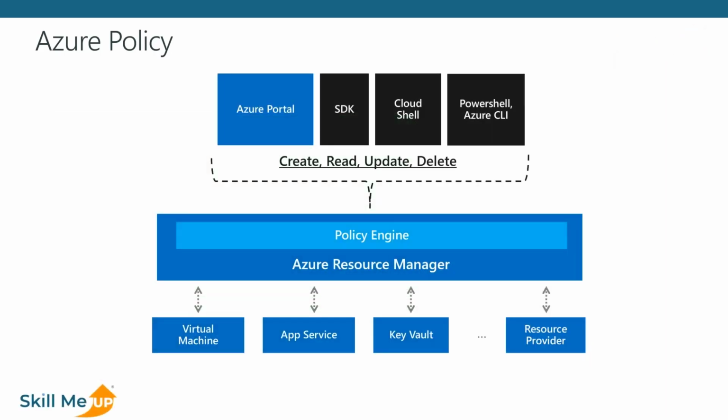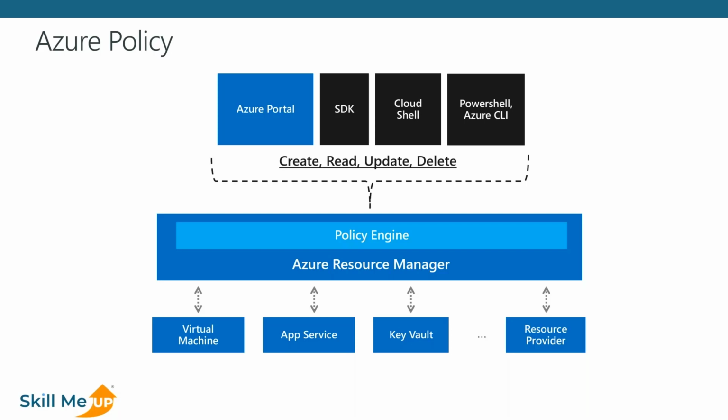So once you're authenticated using Azure Active Directory and you're authorized to perform certain resource provider actions, after that, your request is sent to the Azure Resource Manager, which is essentially the master API or the API manager for any Azure resource types.